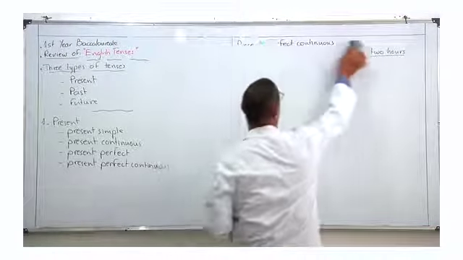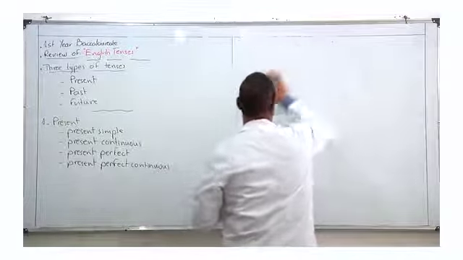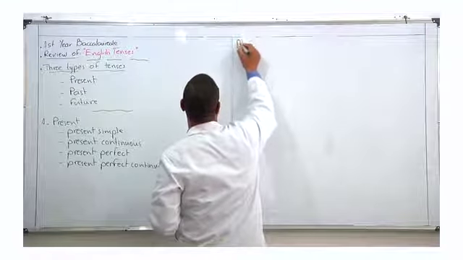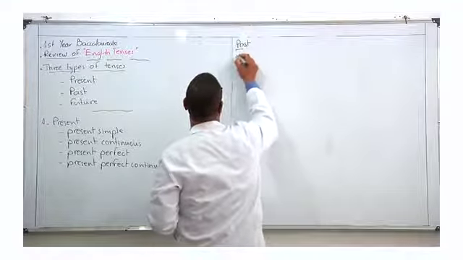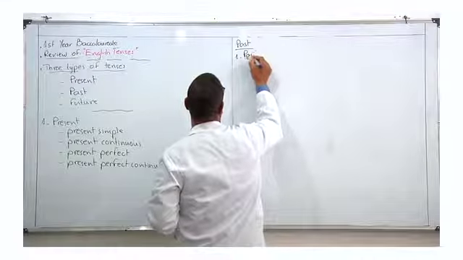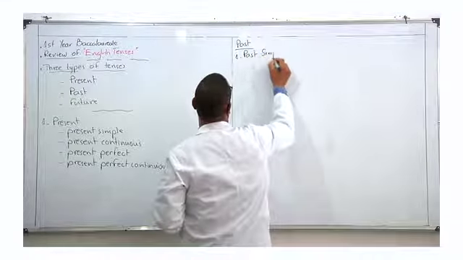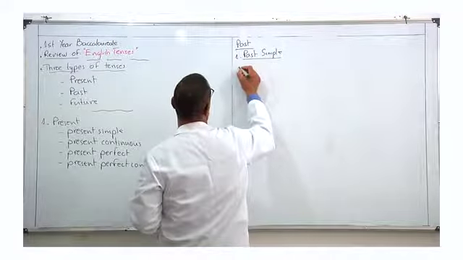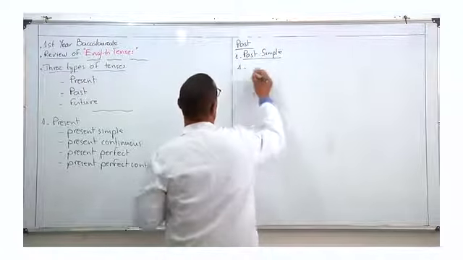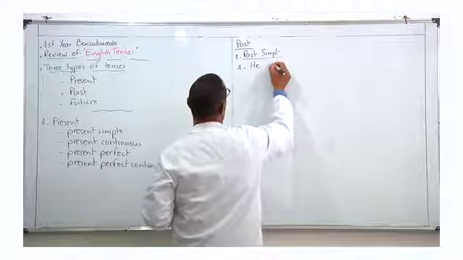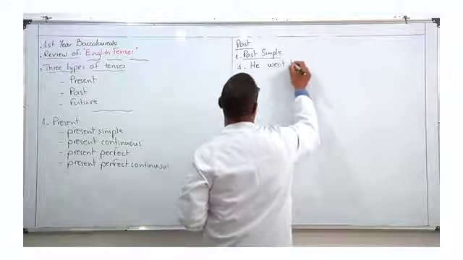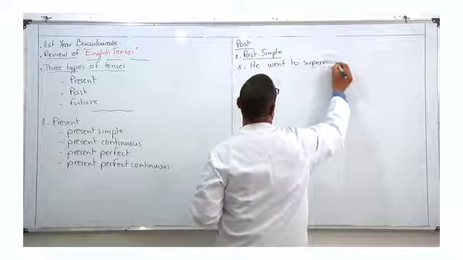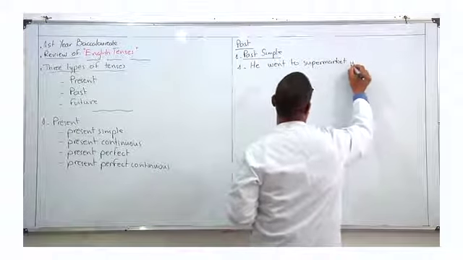Now we see the past forms. So past, we have number one, past simple. As we are going to see in these examples, he went to the supermarket yesterday.